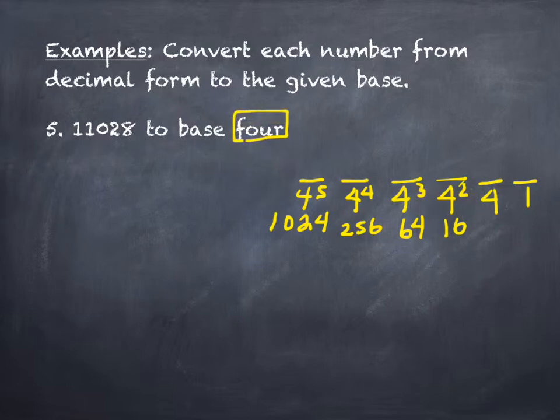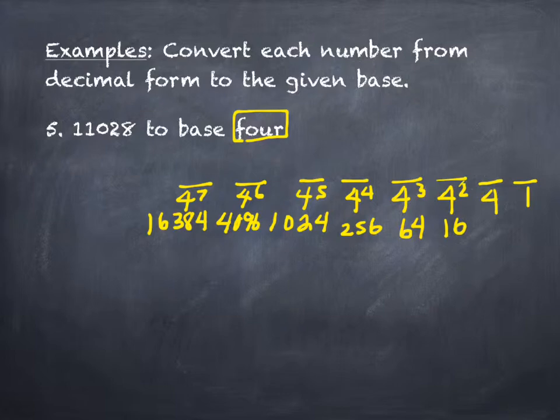How about 4 to the, what is next? 4 to the 6th. 4,096, yes. What's 4 to the 7th? 16,384. Okay. I know that I've got too many of them now.